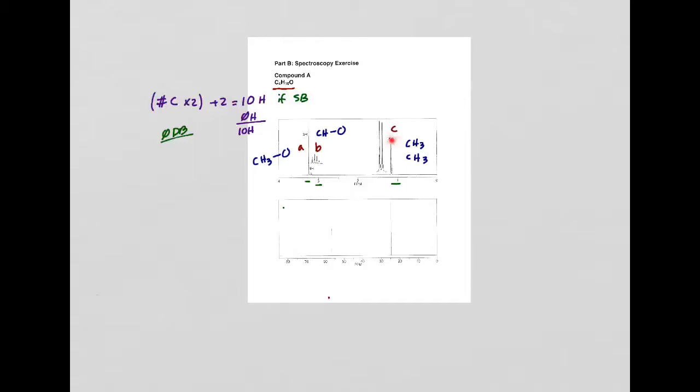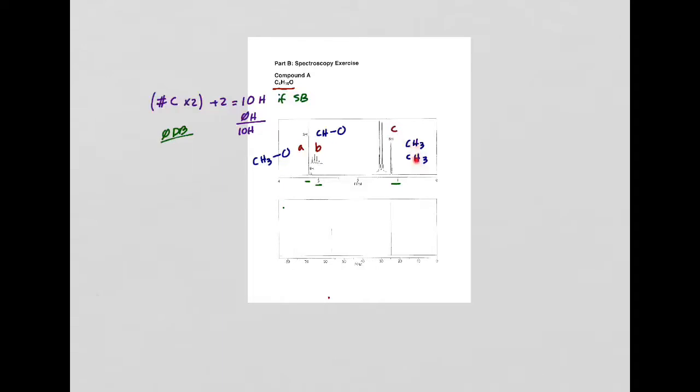Now, this CH3 is a doublet. What does it mean if you are a doublet? Sorry, it means your adjacent carbon has 1 hydrogen, so N plus 1: 1 plus 1 would be 2.